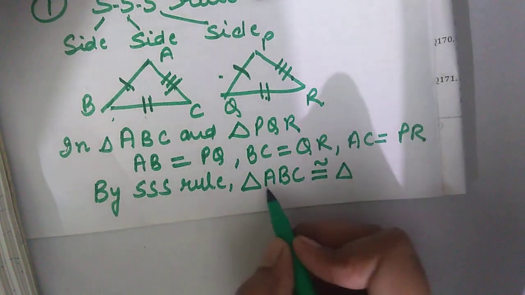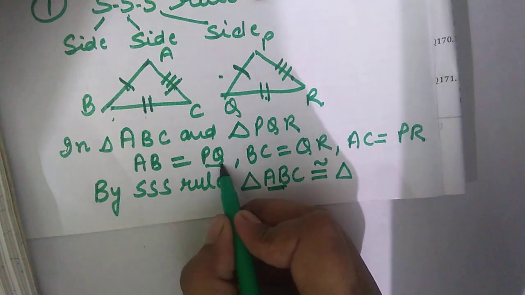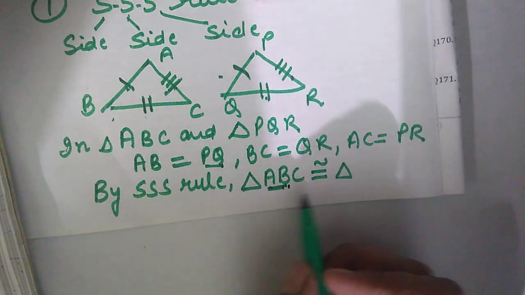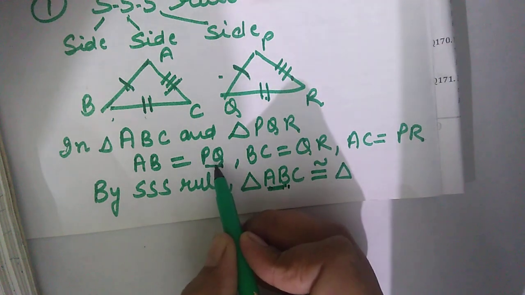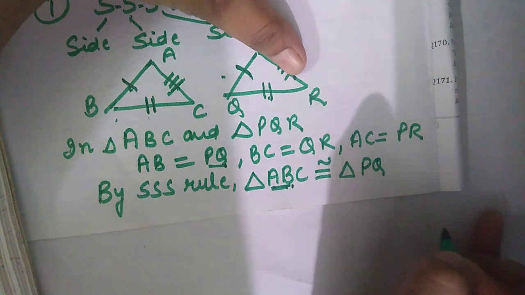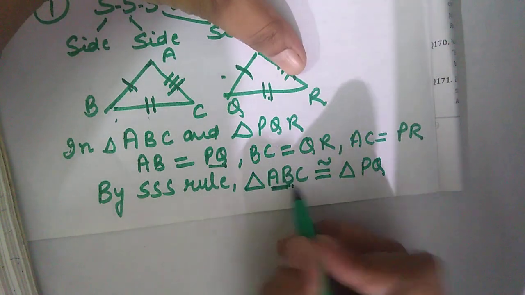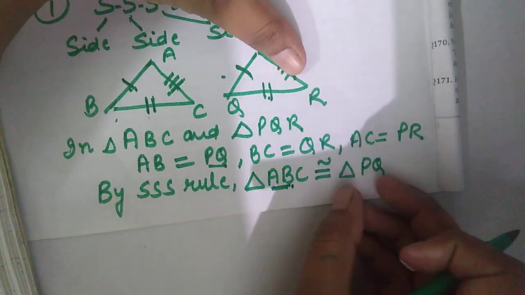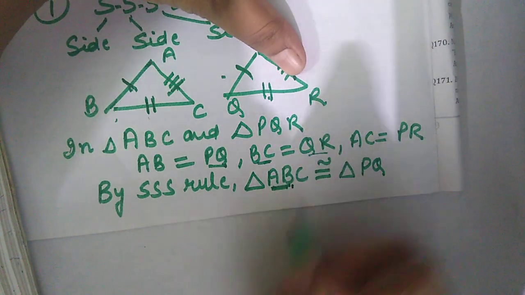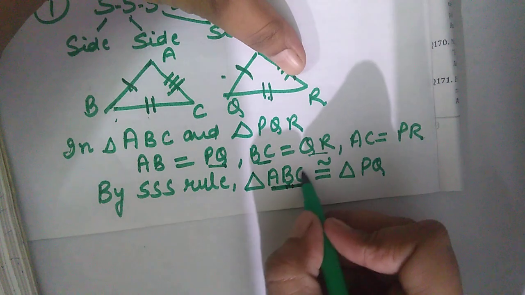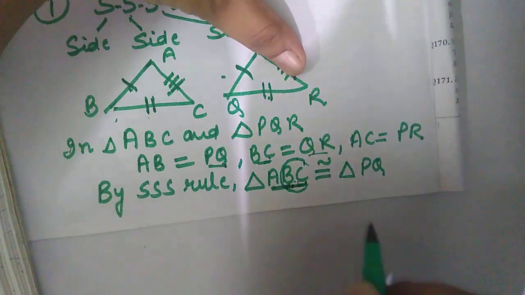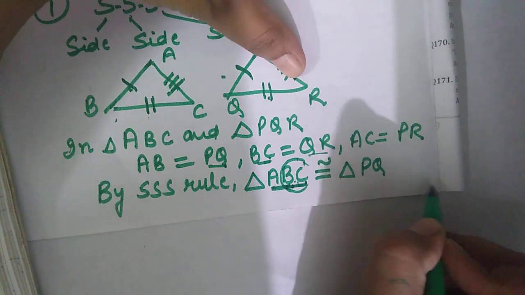Now consider AB is equal to PQ. So in place of AB, always you have to write the corresponding side, that is PQ. So I will write PQ or QP. You have to write the corresponding side on the same position. Now BC is equal to QR. It means at second and third position BC is here, so there must be QR in that corresponding triangle.